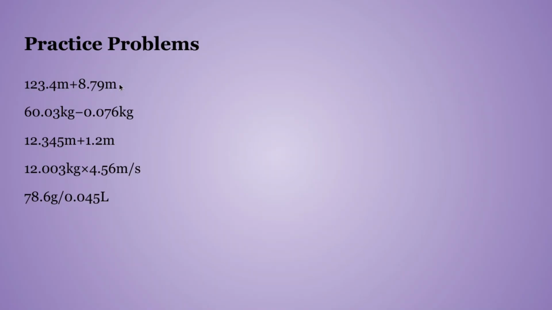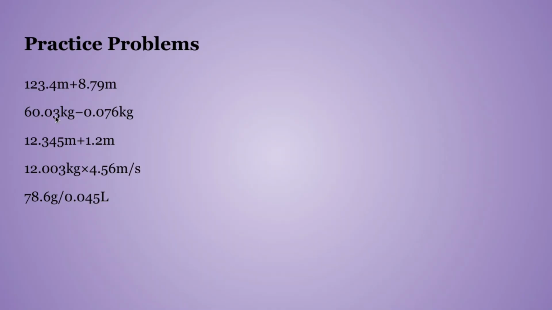You get, if I'm not mistaken, 132.19. If you look at your things that you're adding, the number with the least amount of decimal places is 0.4, and that's 1. Meaning that in your answer, you would only have 1 decimal place. So you would round to 132.2.